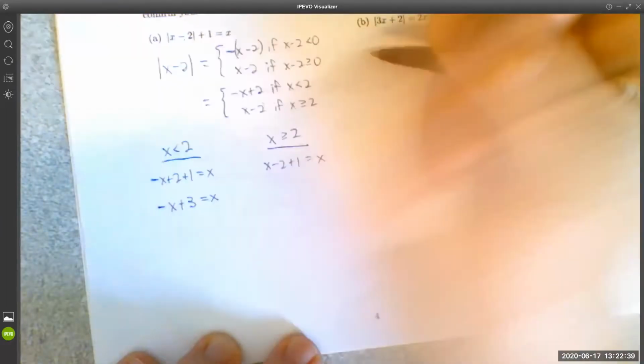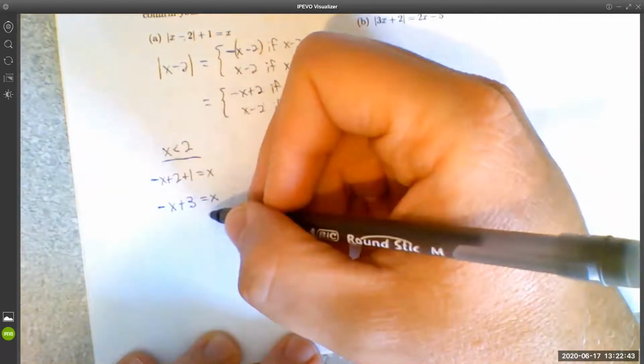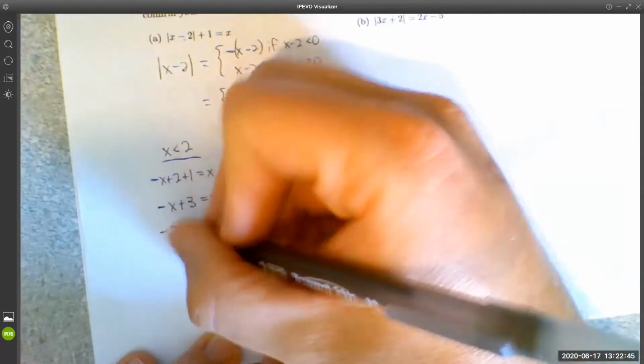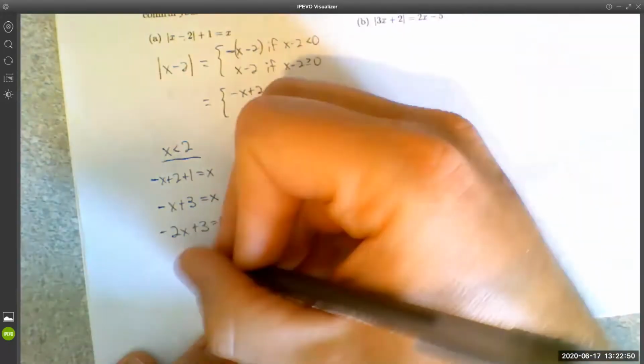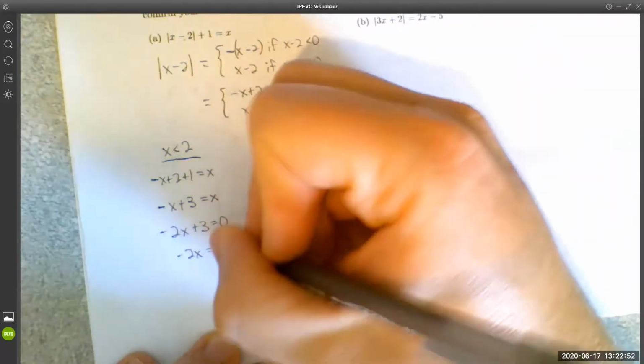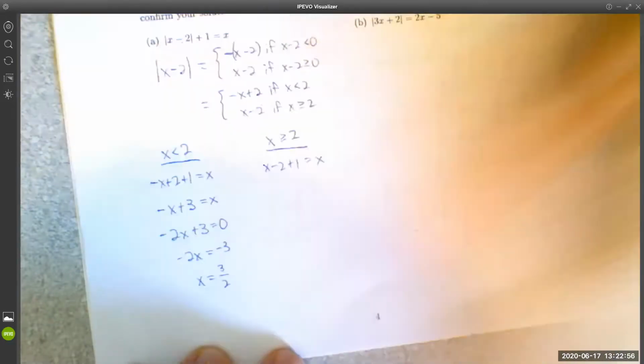Okay, so then we can say negative x plus 3 equals x. If I subtract x from both sides, I get negative 2x plus 3 equals 0. Then if I move 3 over, I get negative 2x equals negative 3. And then divide by negative 2, x equals 3 halves.